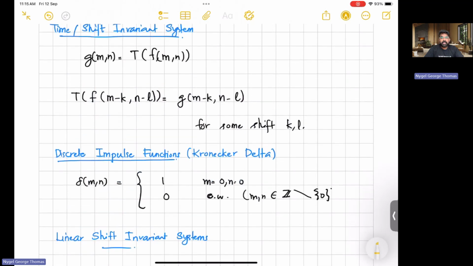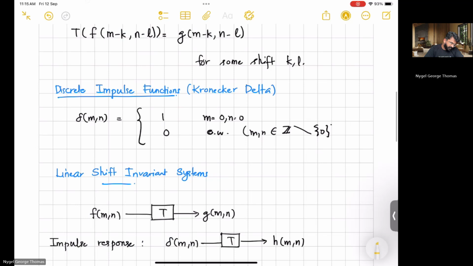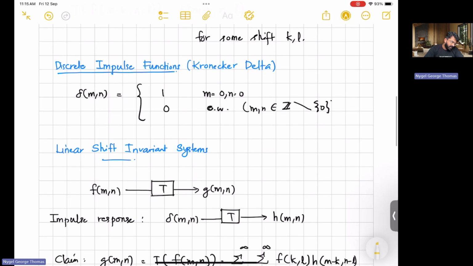A very important property of linear shift invariant systems is convolution, which we'll discuss. Before we discuss convolution, we have to discuss something known as the discrete impulse function, popularly known as the Kronecker delta function. The Kronecker delta function is defined as delta of m,n equals 1 when m,n is equal to 0.